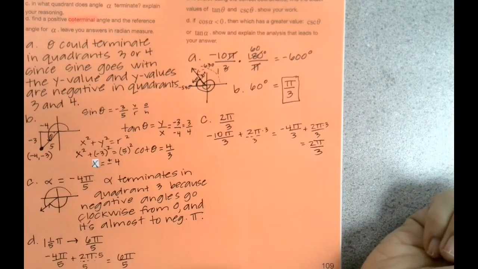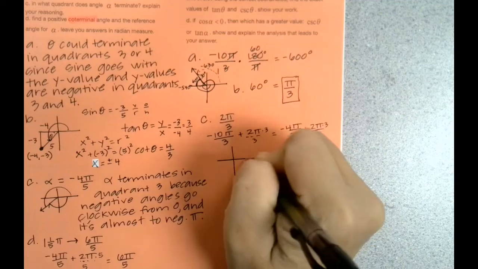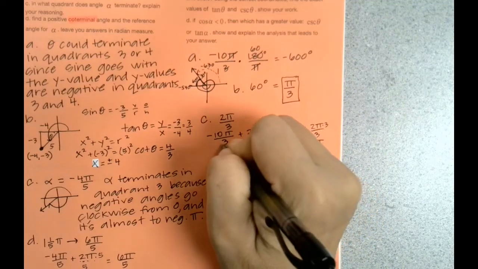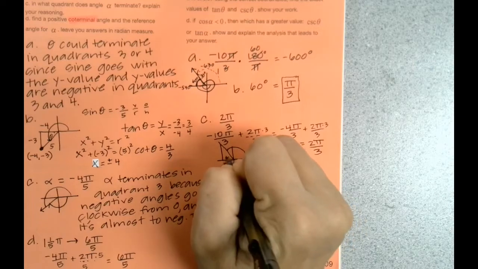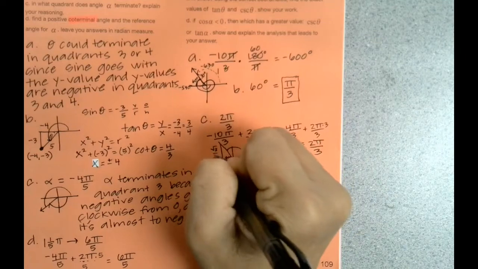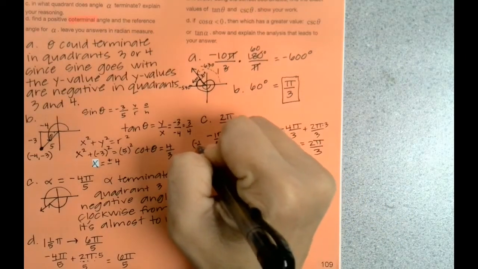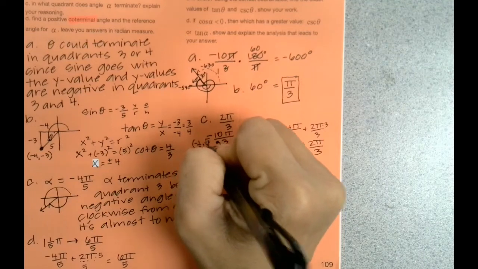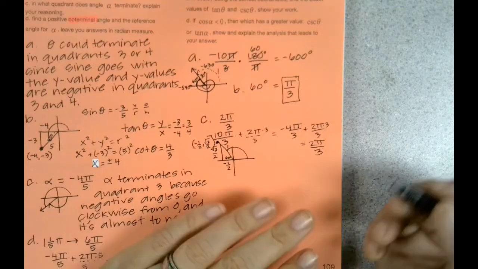And then it said using the correct coordinates. So if I'm at 2 pi over 3, this is a better drawing than the last one I did. The reference angle is 60 degrees, or pi over 3, which we've already determined, which means that the coordinates are negative 1/2, comma root 3 over 2, because those are the side lengths of 30, 60, 90 triangles.